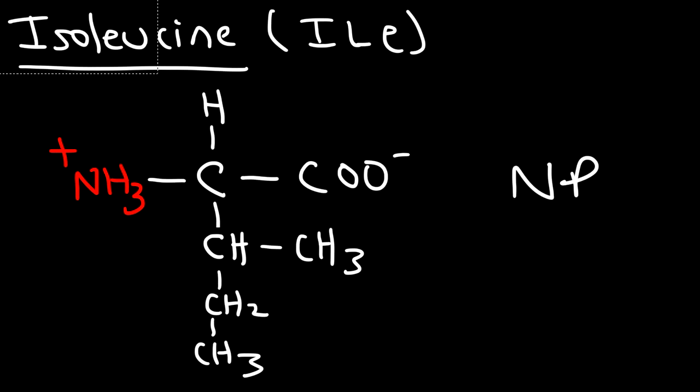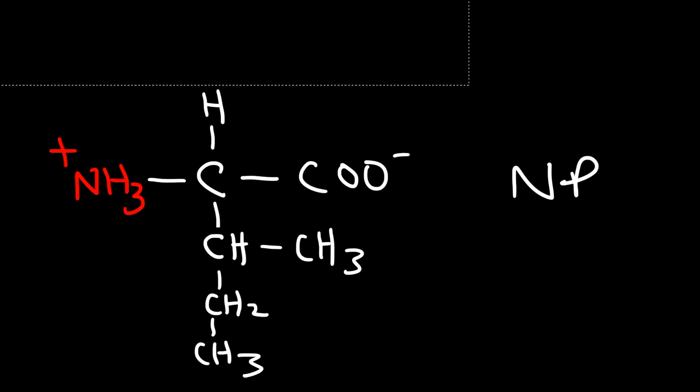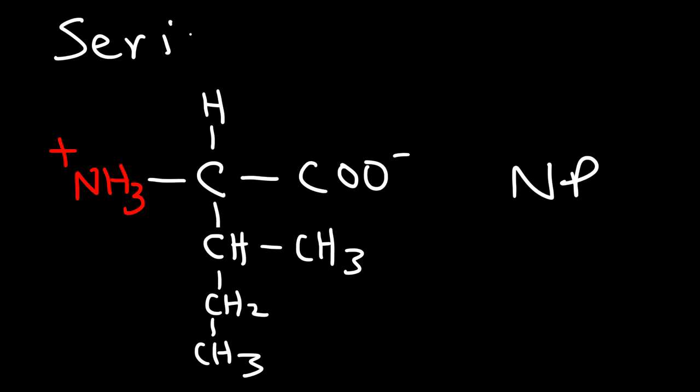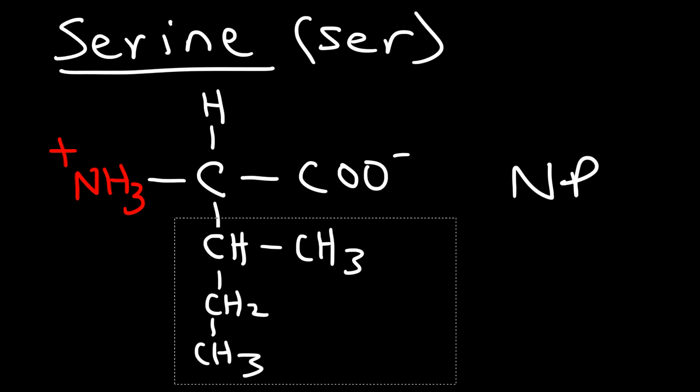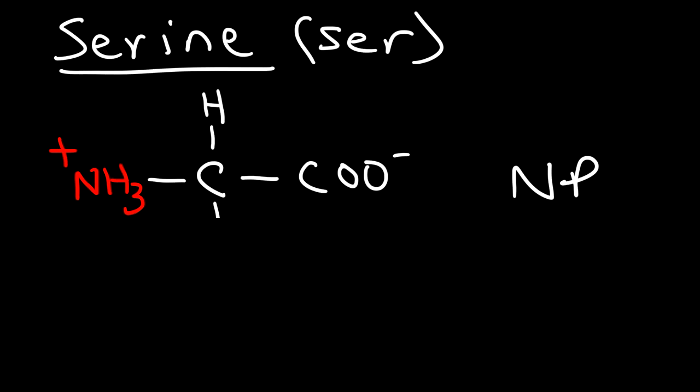The next one that we're going to consider is serine. You can also write S-E-R. Now, serine is not a nonpolar amino acid, but a polar one. And the R group has a CH2 and an OH group.